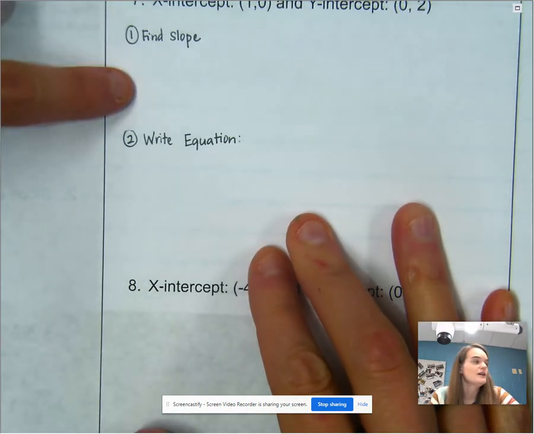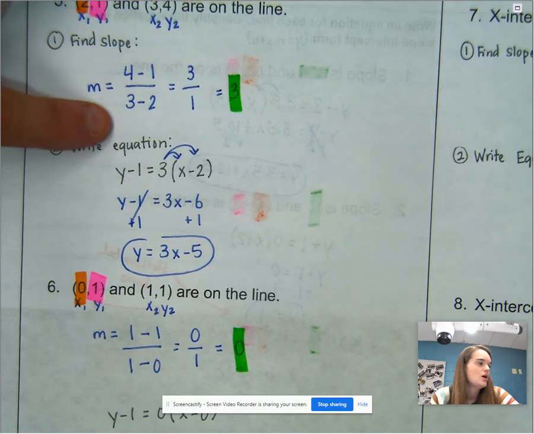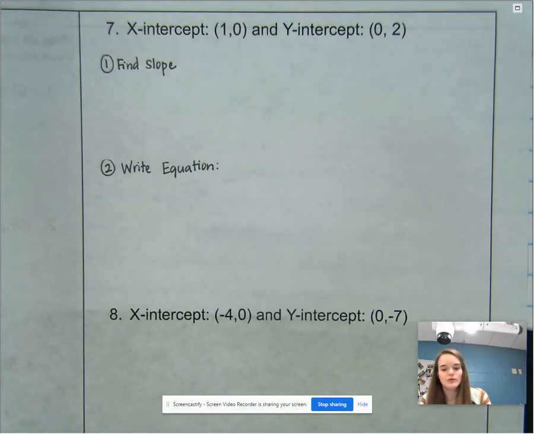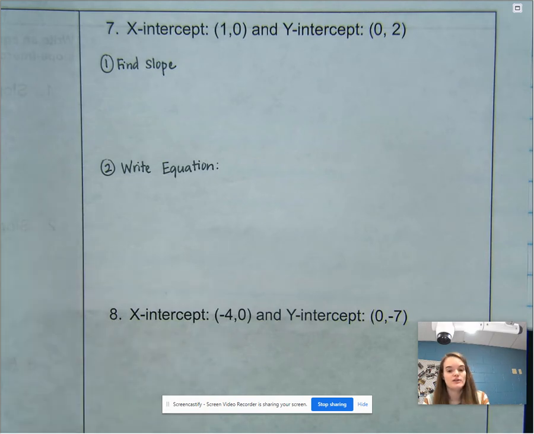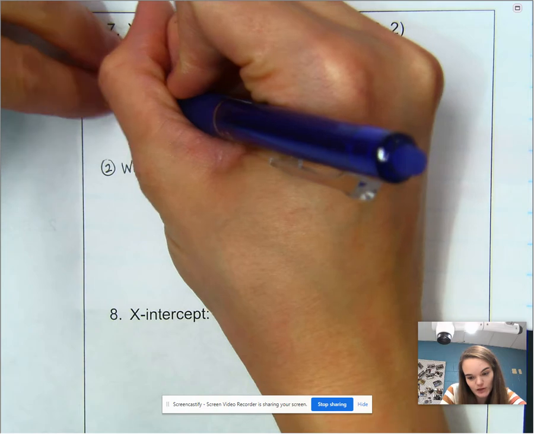You can either find the slope by doing this, or the slope can be found by doing the y-intercept divided by the x-intercept, and then it's the negative value. So it would be like 2 divided by 1, which is 2, and it's negative 2. Now I'm going to use the slope formula, but you can do whichever you would like.